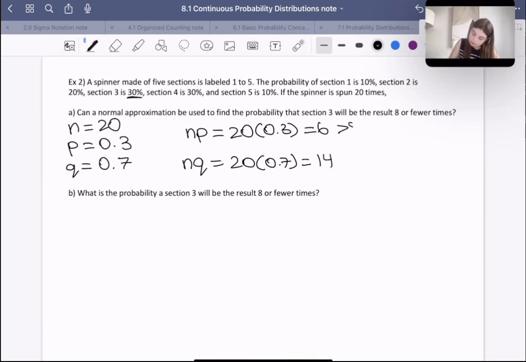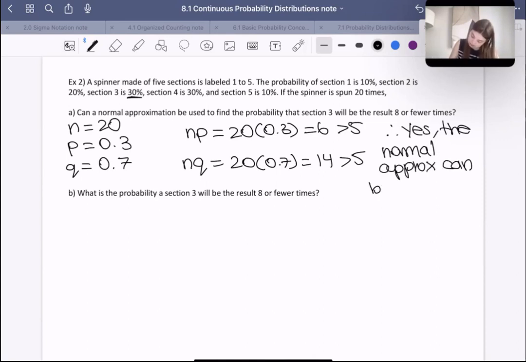Now both of these are greater than 5, and so therefore, yes, the normal approximation can be used. Now let's say these were not both greater than 5, then we would be saying no, the normal approximation can't be used.